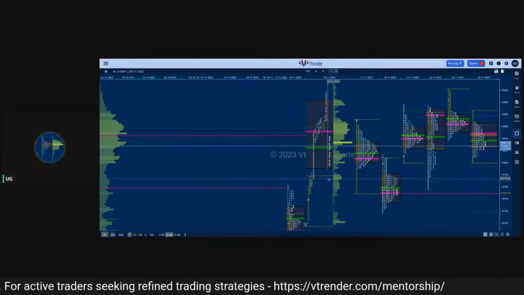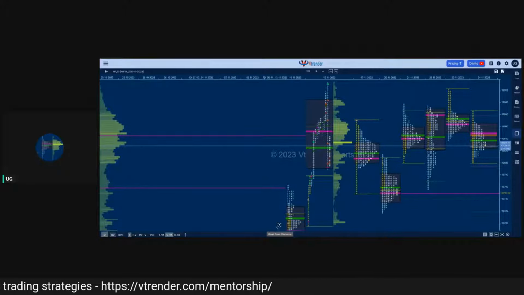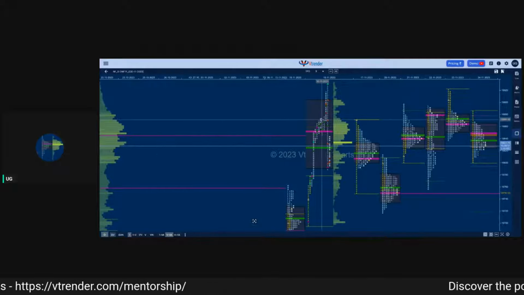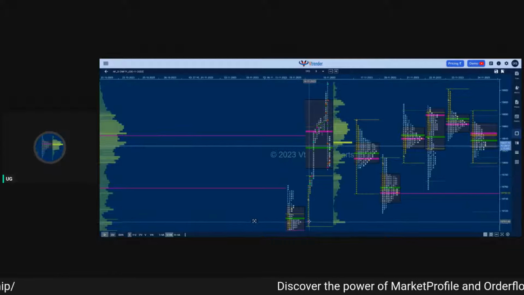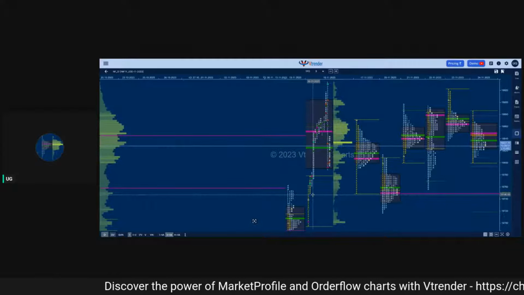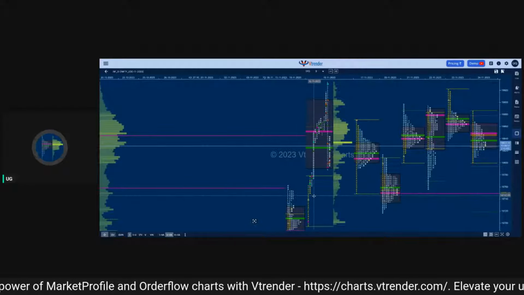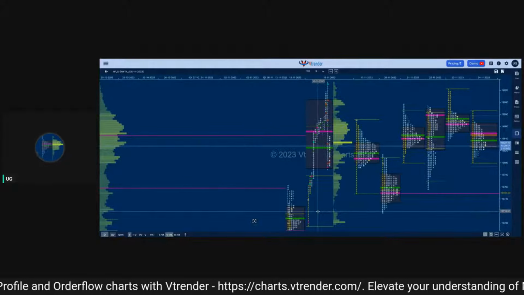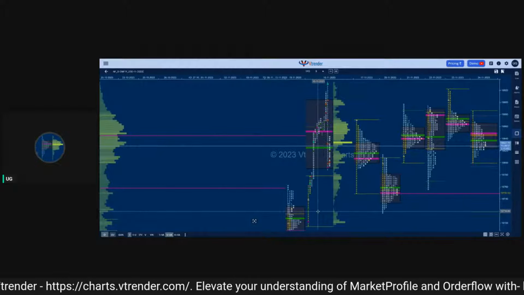Yeah, so you can see this 16th November profile, which started off with an A period buying tail. We have a very important aspect. When you get such a long A period buying tail, it means that you have initiative players who have entered the market at open.